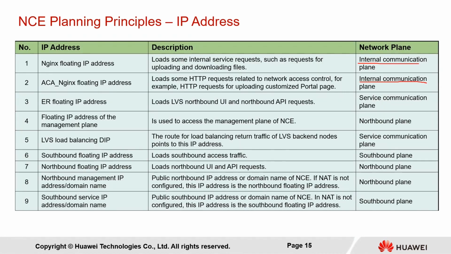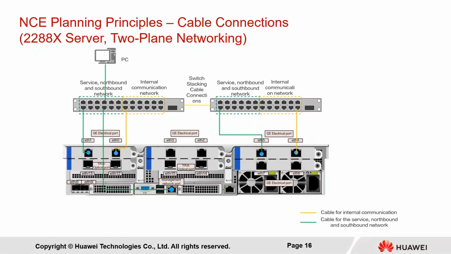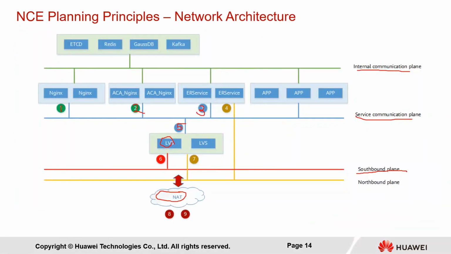And 4, 6, 7, 8, 9 correspond to the northbound or southbound plane. North is 4, 7, 8. So this one's for north, and north.